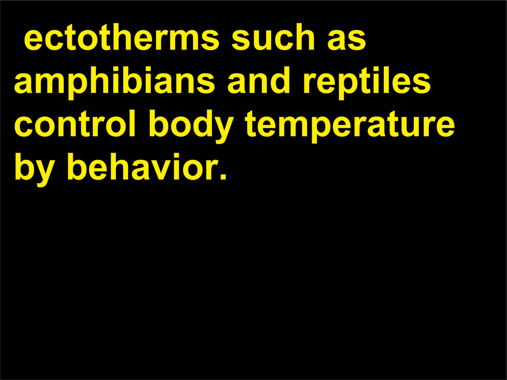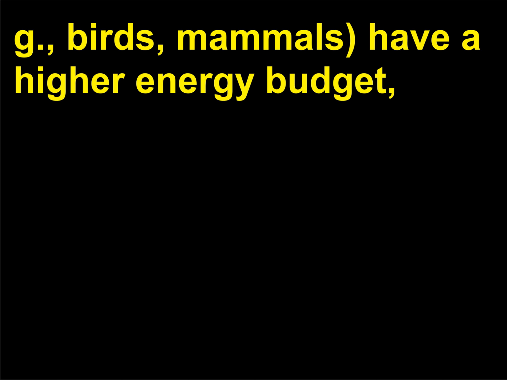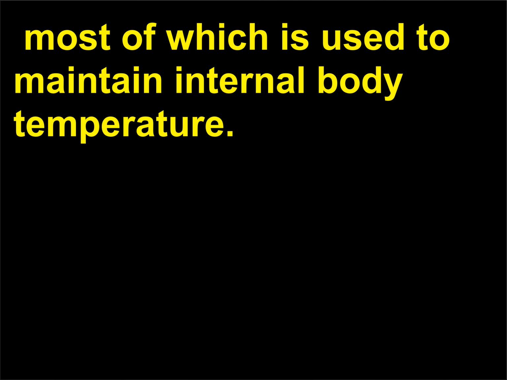Ectotherms such as amphibians and reptiles control body temperature by behavior. Endothermic, warm-blooded, animals, e.g., birds, mammals, have a higher energy budget, most of which is used to maintain internal body temperature.